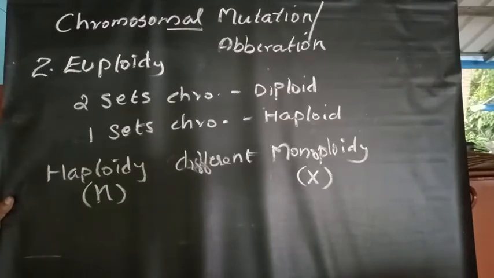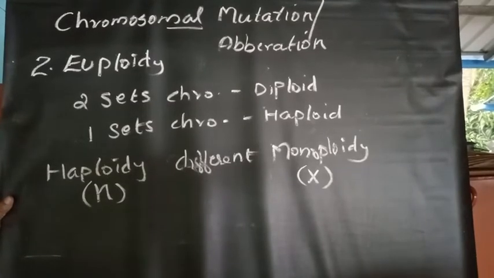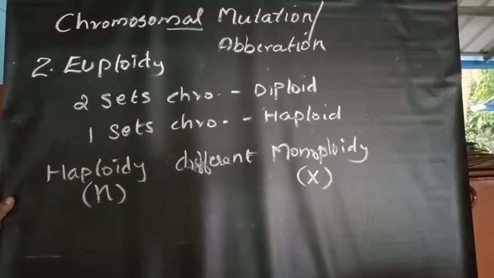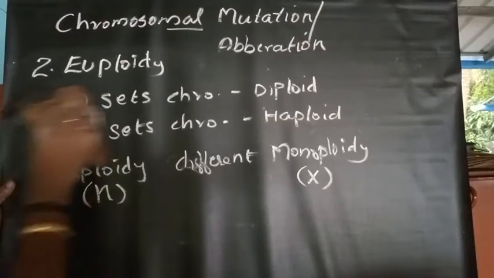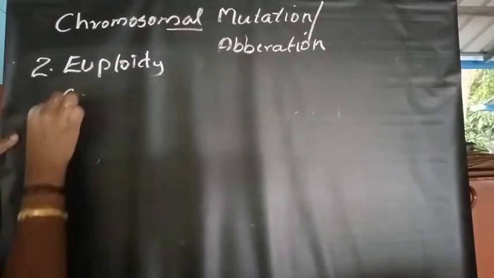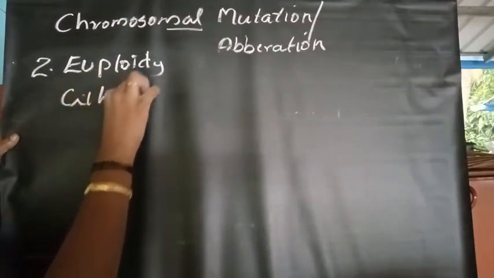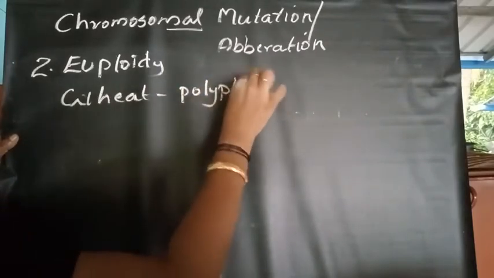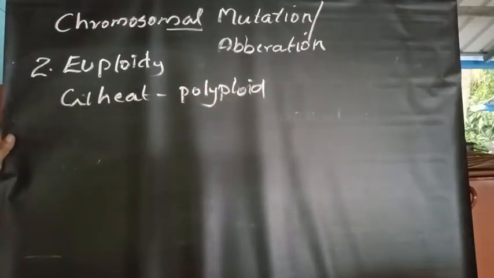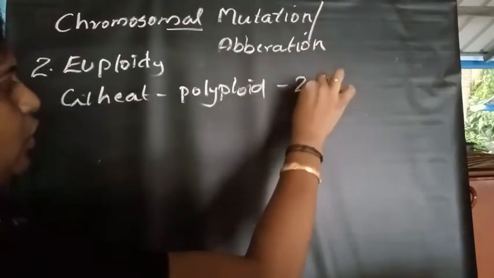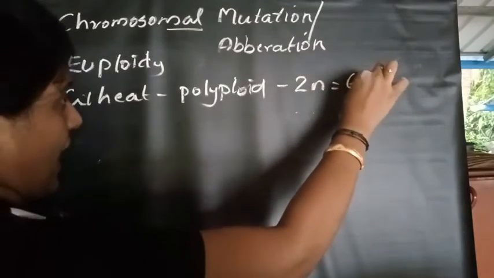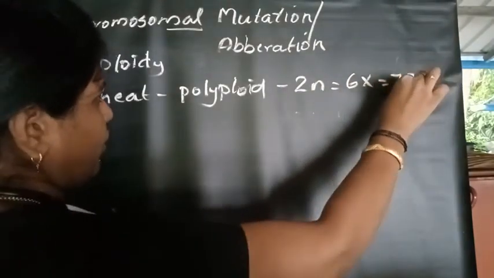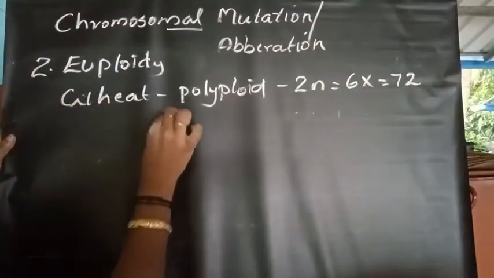For example, the common wheat plant is polyploid in nature, and it shows 2n = 6x = 42. So we call it hexaploid.